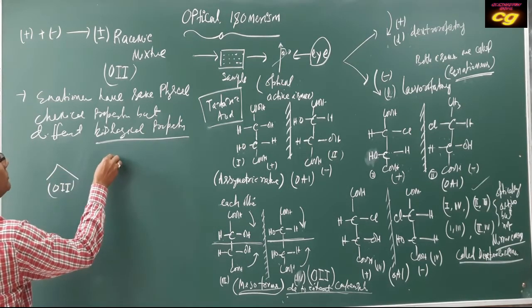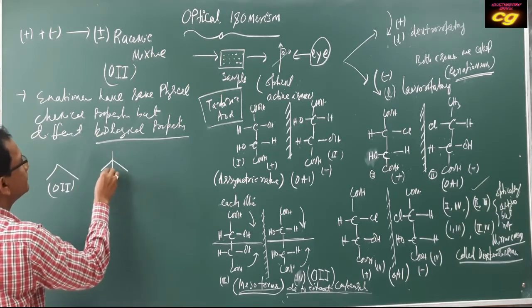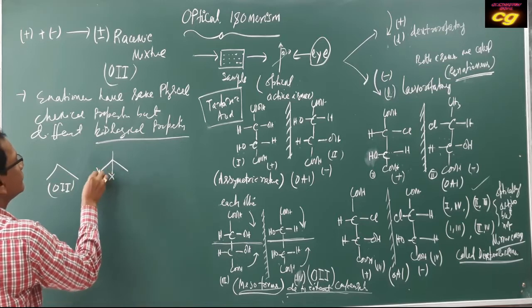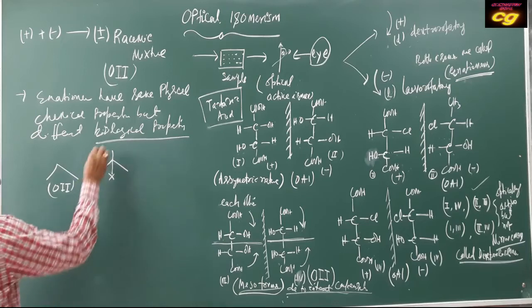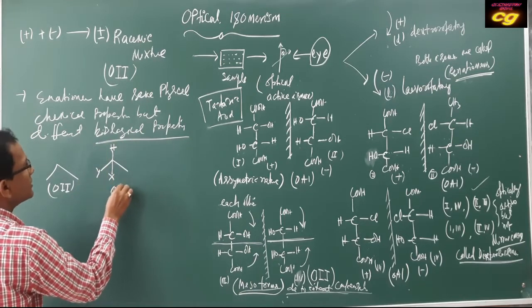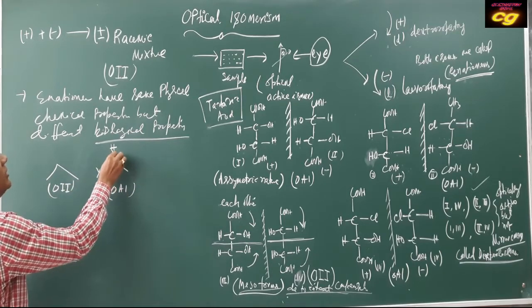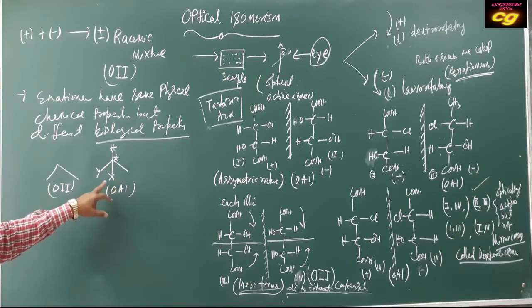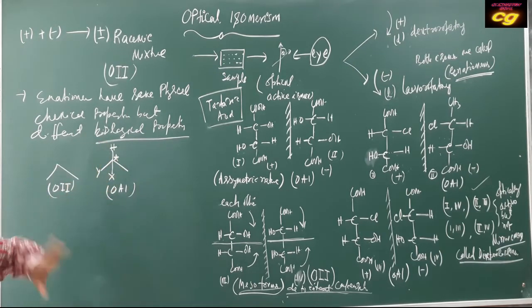Then this molecule, suppose this is H, is an optically active isomer because it has a chiral center. It has a chiral center because Y, X, methyl, H are all different. That's why it is optically active.